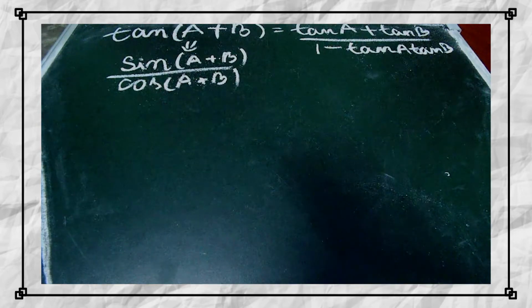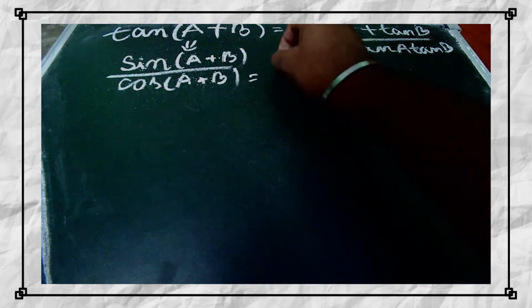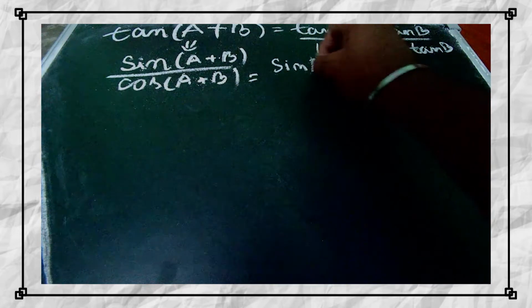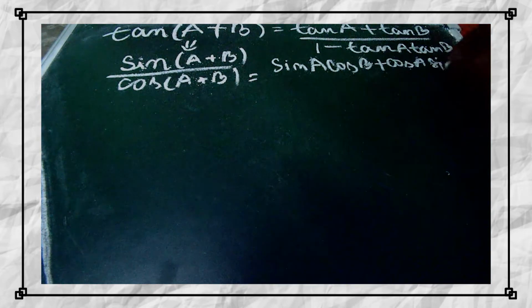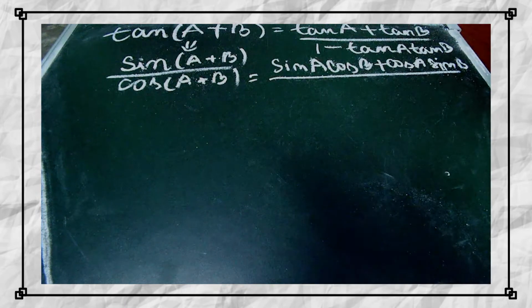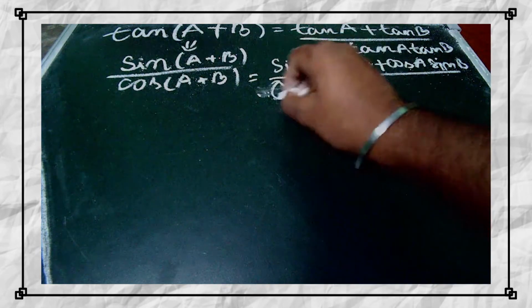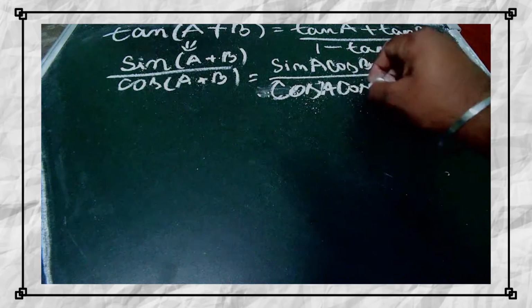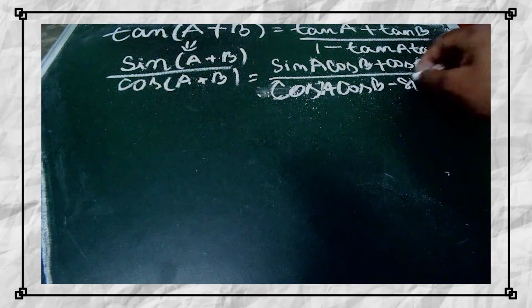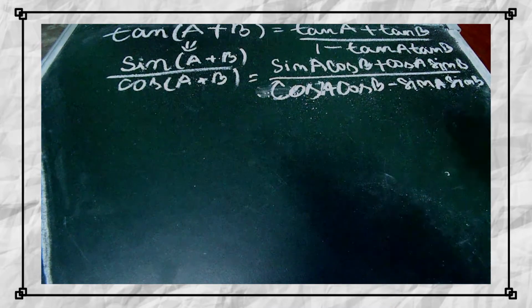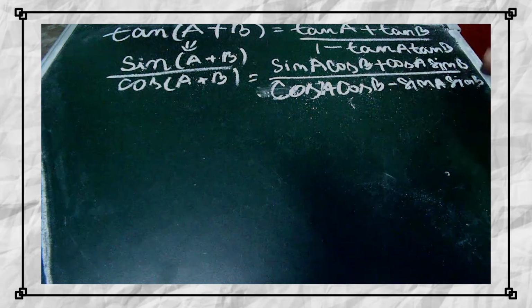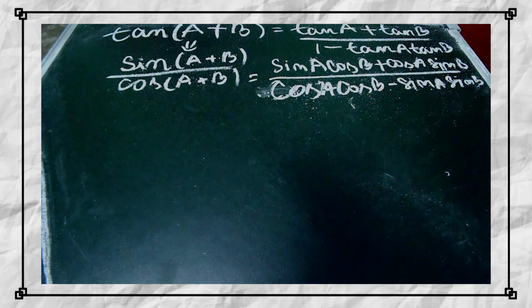That sin of a plus b is equal to sin a into cos b plus cos a into sin b, and cos of a plus b is equal to cos a into cos b minus sin a into sin b. Now what we will do is divide both the numerator and denominator by cos a cos b.